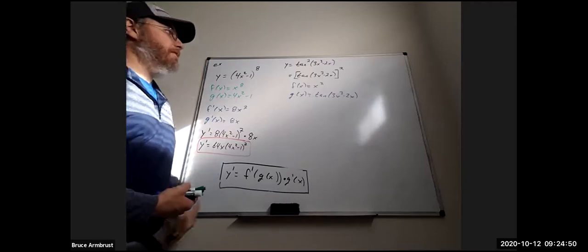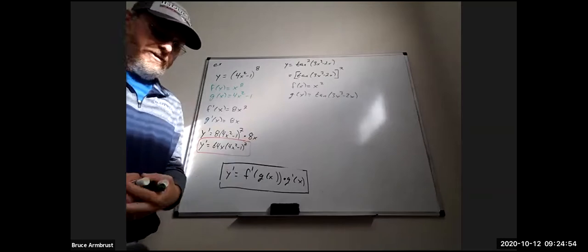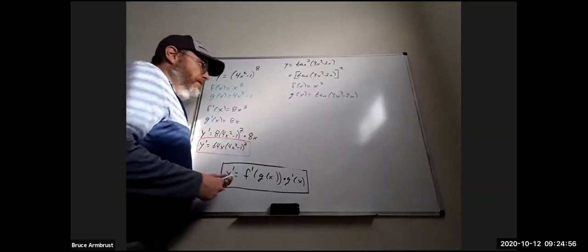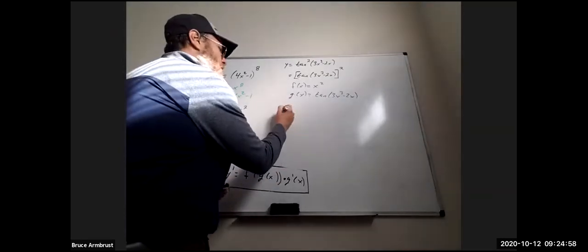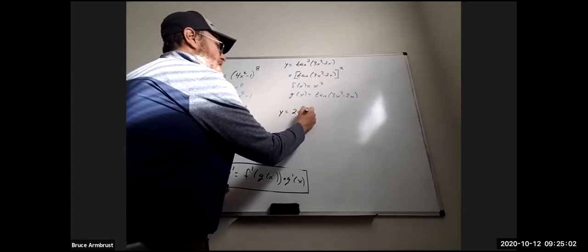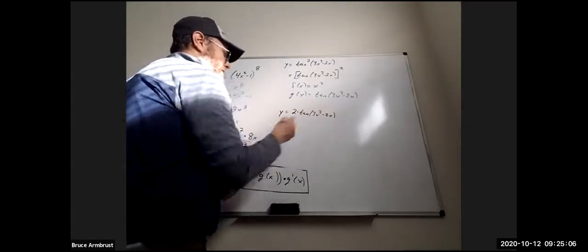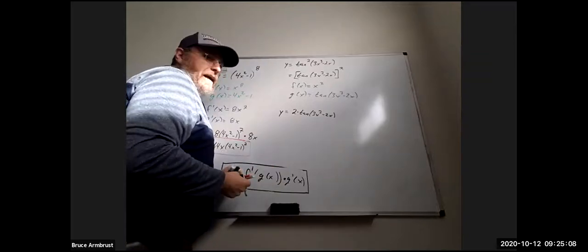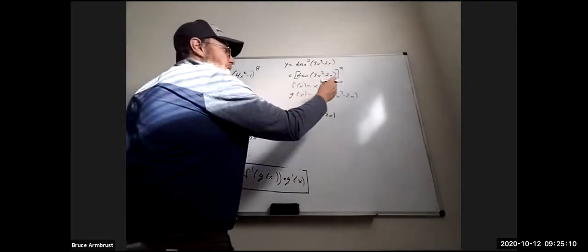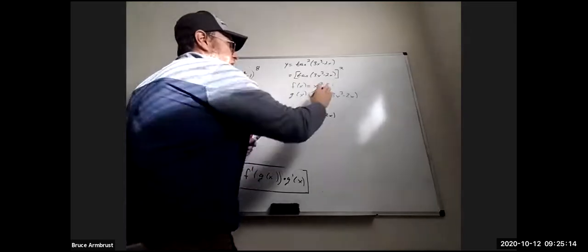We want to start by differentiating the outside function and evaluating it at the inside function. Okay, so our y prime, it's going to start with a 2 times tangent of 3x cubed minus 2x. And that's coming from the fact that the derivative of f is 2x.